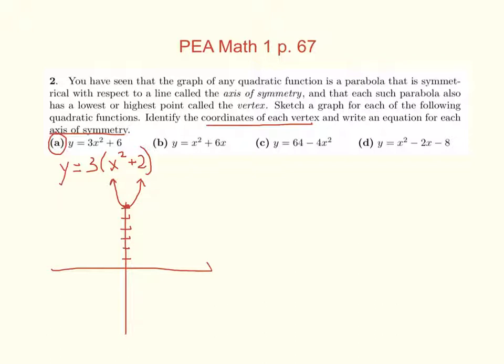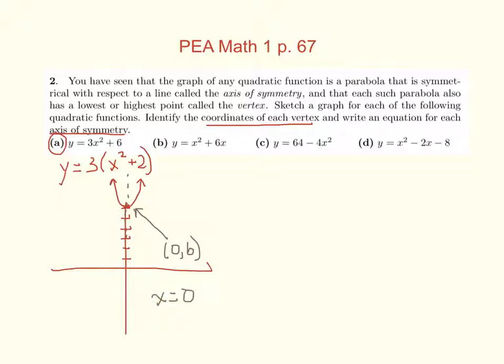Which means that my vertex here, and you could use a calculator for this, that would have been fine, is at 0, 6. And the axis of symmetry runs right through that x point of the vertex, which would be x equals 0. So your vertex is 0, 6, and your axis of symmetry is x equals 0.